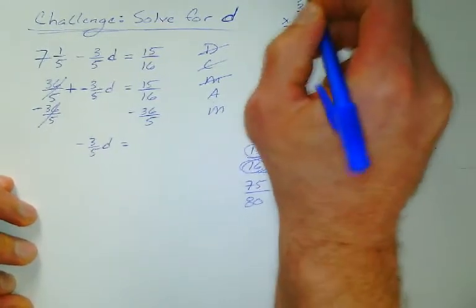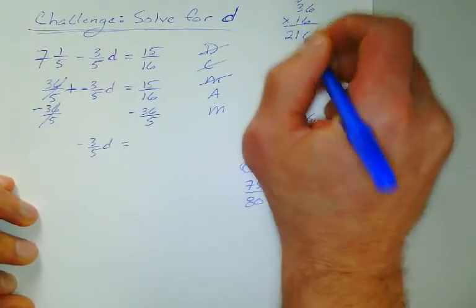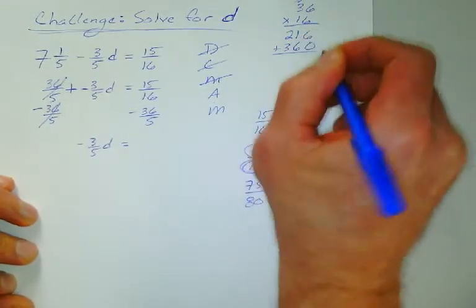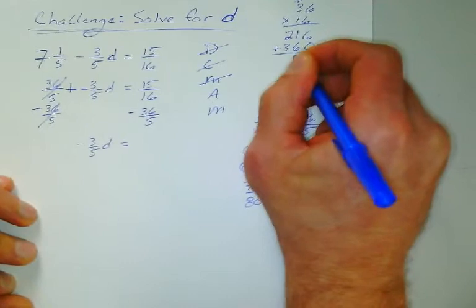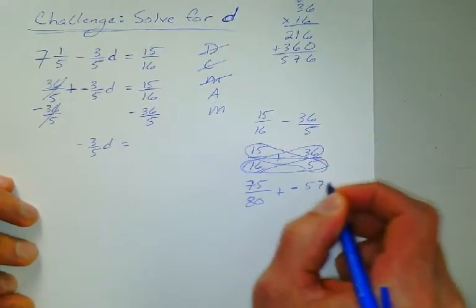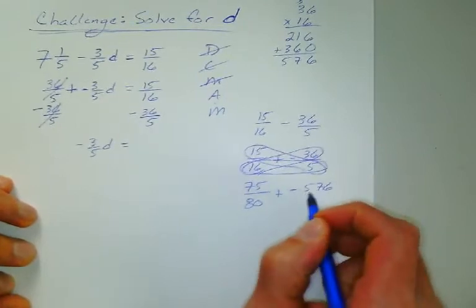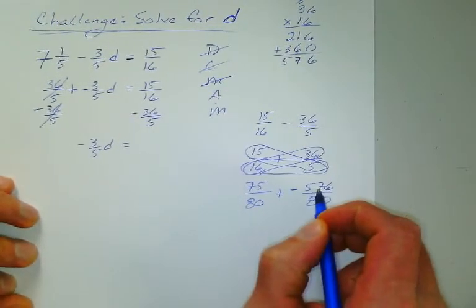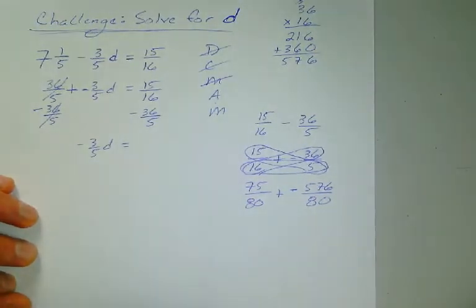Add my 0 for the tens place. 1 times 6 is 6. 1 times 3 is 3. Add those two together, and we get 576 as our numerator, 80 as our denominator.